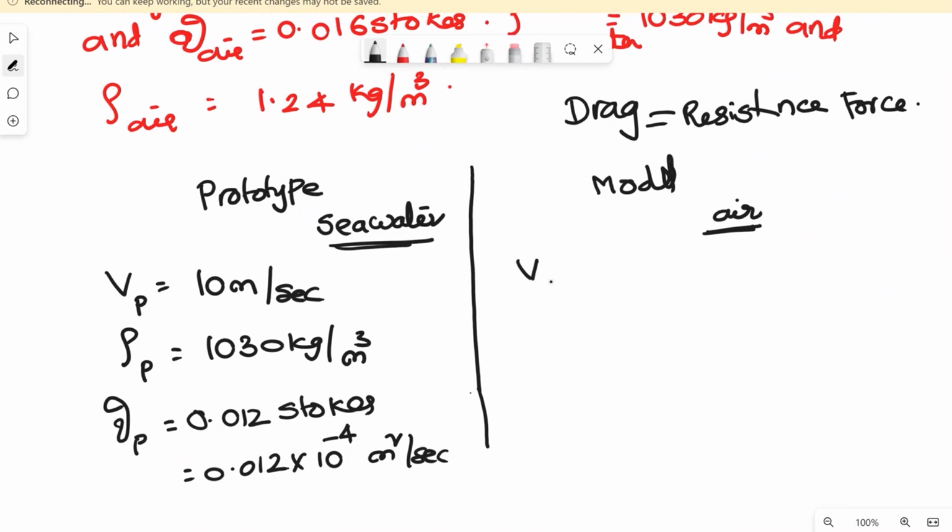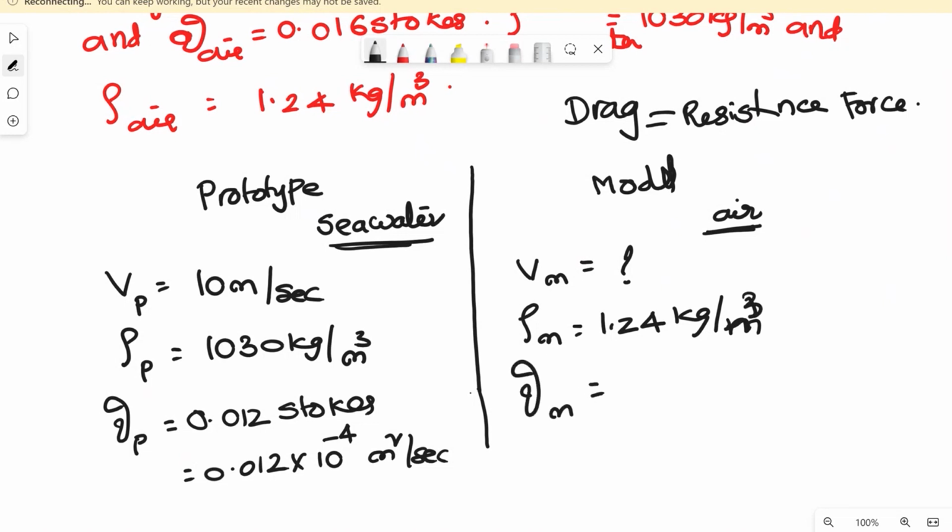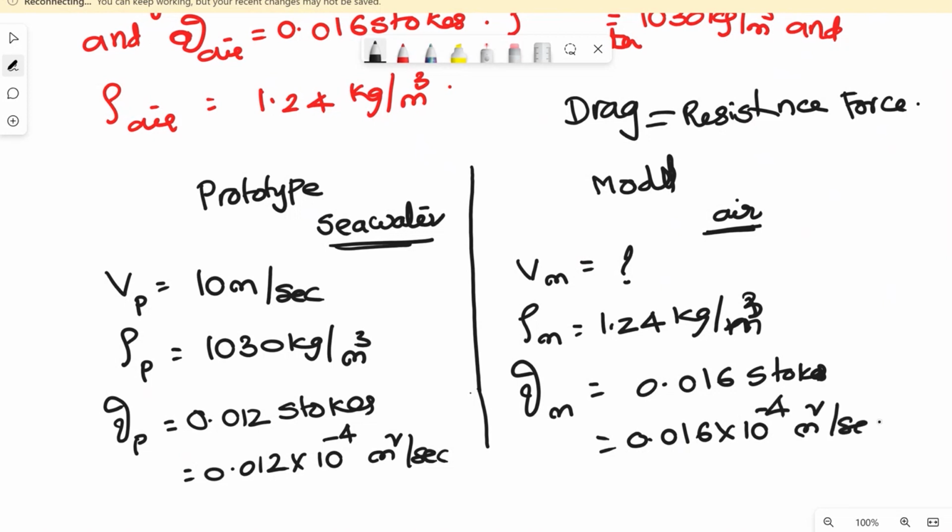What he has asked is the velocity here, which we don't know. Then he has given rho m for the model, which is air, 1.24 kg per meter cube. Similarly, nu model is 0.016 Stokes, which is 0.016 into 10 to the power of minus 4 meter square per second.